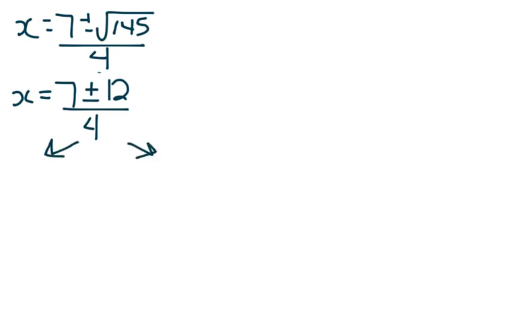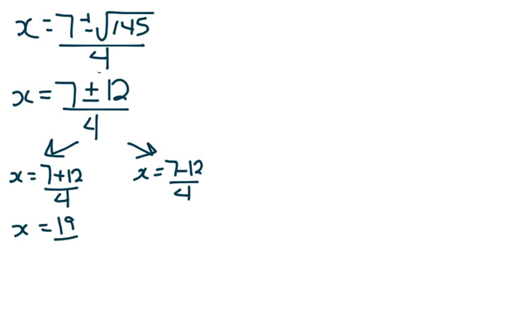Split this two ways. One, we have x equals 7 plus 12 over 4. The other, we have x equals 7 minus 12 over 4. So on the left here, x equals 19 over 4, which we can work out to a decimal, 4.75.